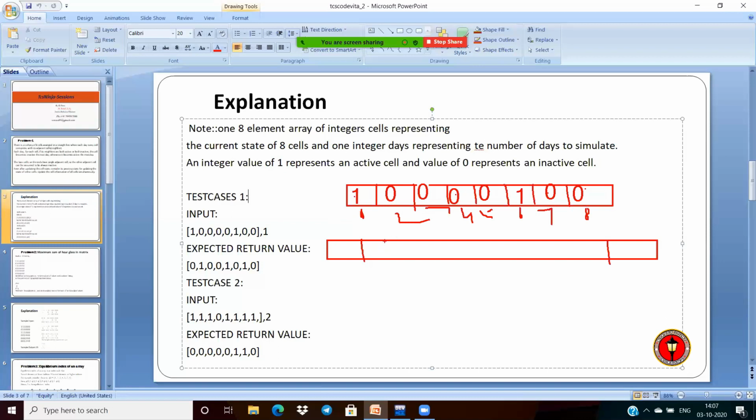The array consists of the cell values, and at index 0 and at index 9 I have to add two extra values, 0 and 0.